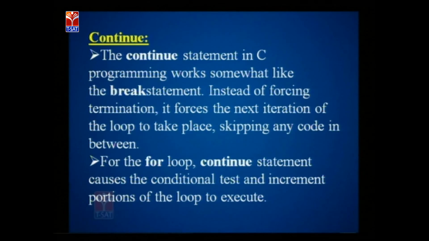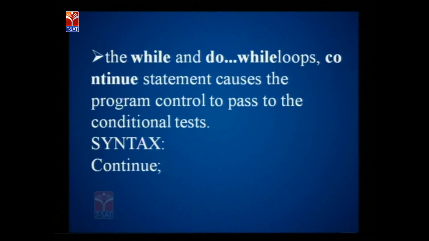For the for loop, the continue statement causes the conditional test and the increment of the loop to execute, which means that it skips many statements provided in the loop and then comes to the beginning of the loop. In while and do while loops, the continue statement causes the program to pass to the conditional test.